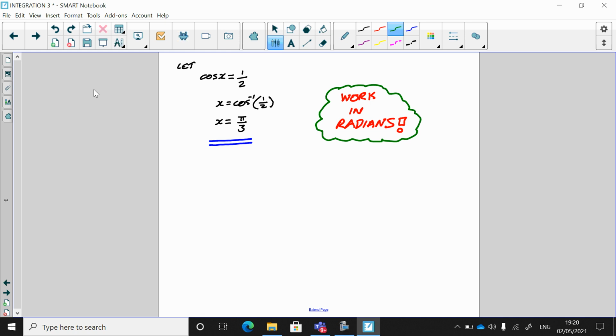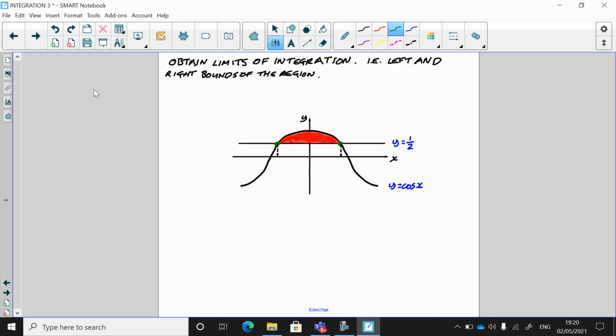Okay. But we've got an error here. The answer we've got, pi over 3, is on the positive side of the x-axis. So that's that value there. Right, but we need this value here as well. That's another bound.